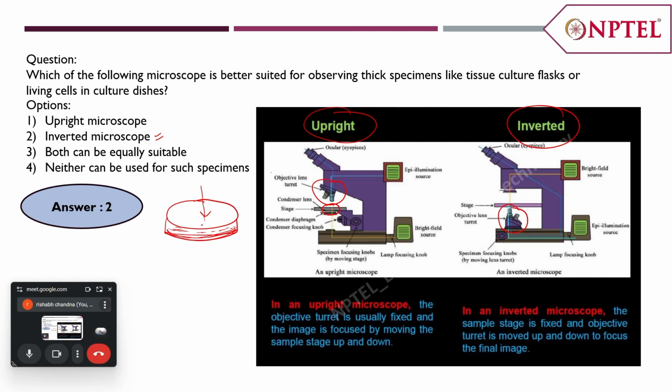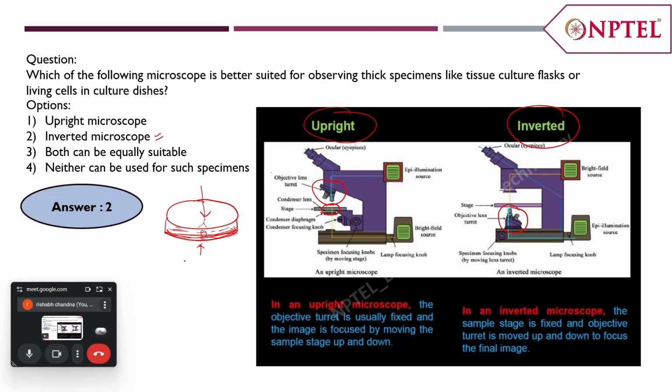The path of the light will diverge due to the different refractive index between the plate and the media and the cells that we are viewing. And because the cells are on the base, keeping the objective under the cells would be beneficial in this case.